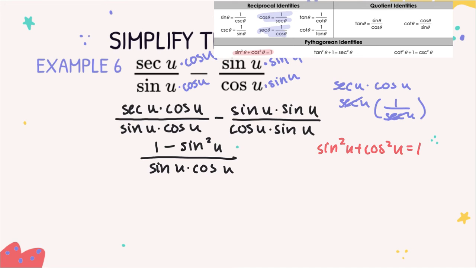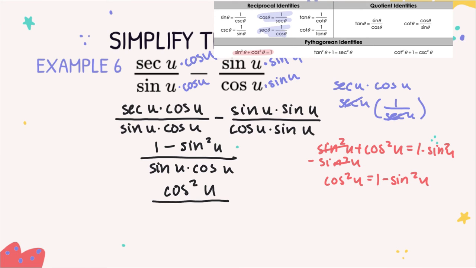And then I can just subtract sine squared u from both sides and get cosine squared u equals 1 minus sine squared u. And replace 1 minus sine squared u with cosine squared u. And just bring down that denominator.